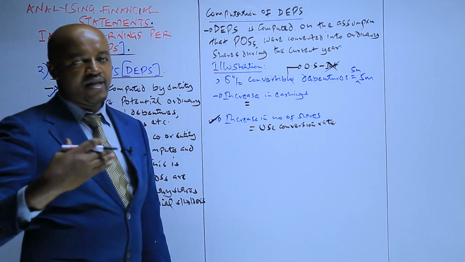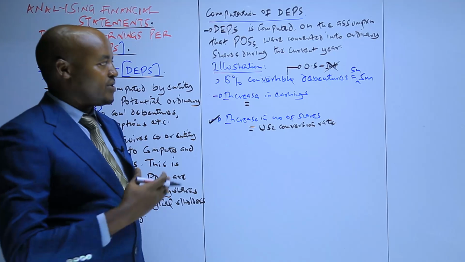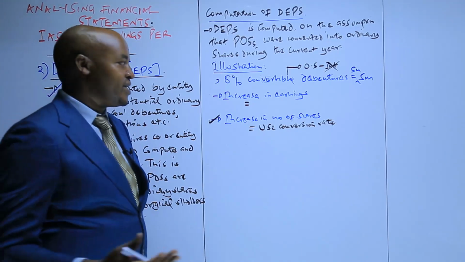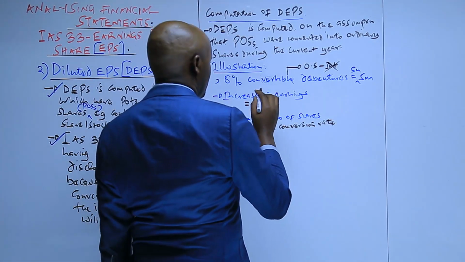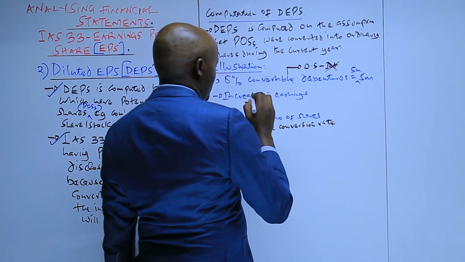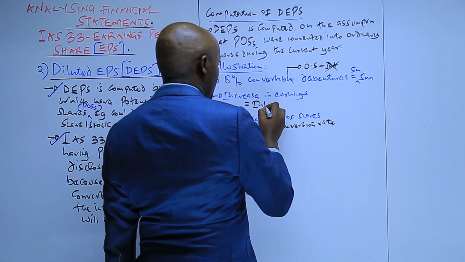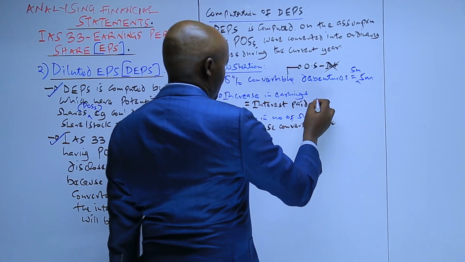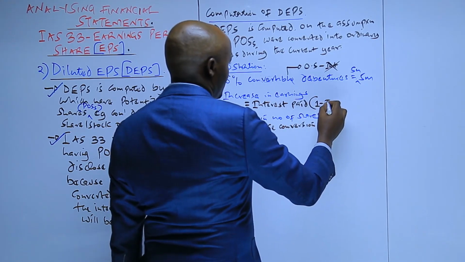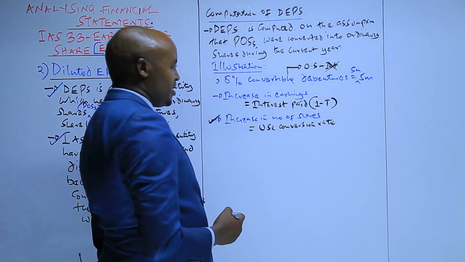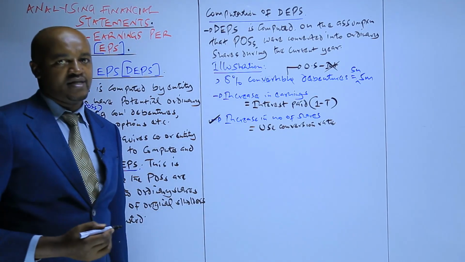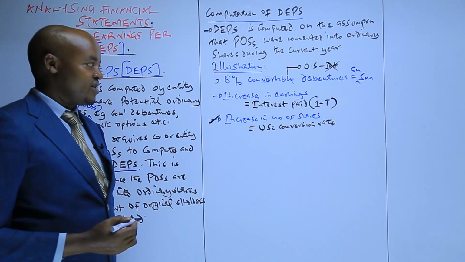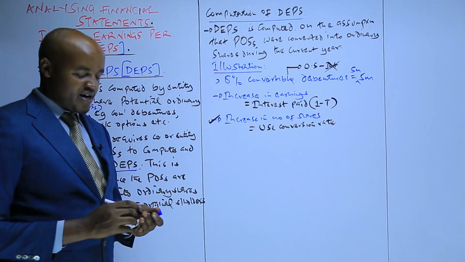In other terms, the company would have saved that interest. Therefore, the profit attributable to ordinary shareholders would have increased by the interest paid by the company during that year. And because this interest paid is tax allowable, we take that interest net of tax. So to get the interest net of tax, we multiply it by 1 minus the tax rate.